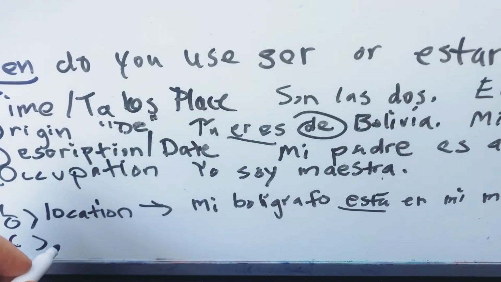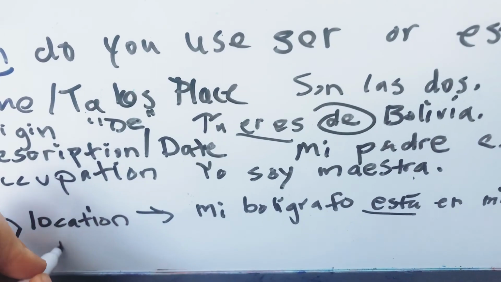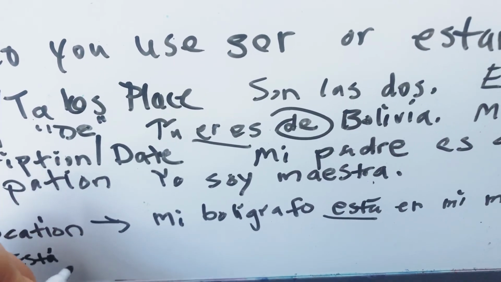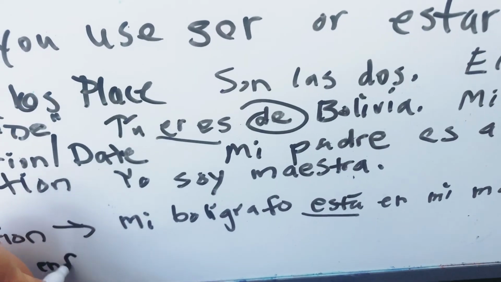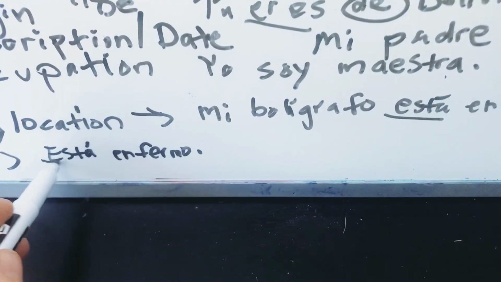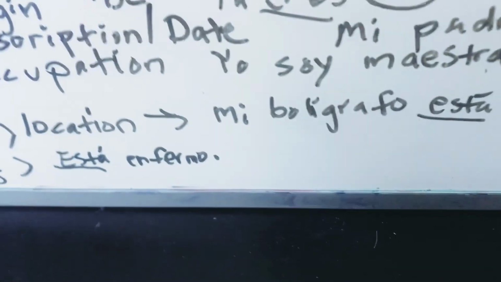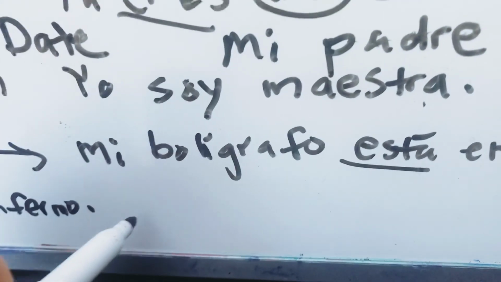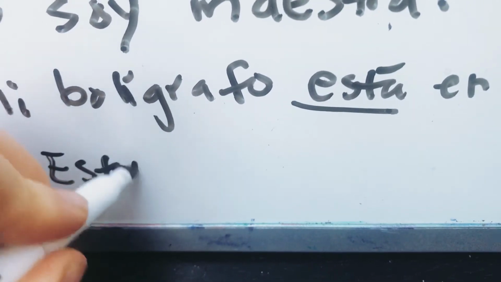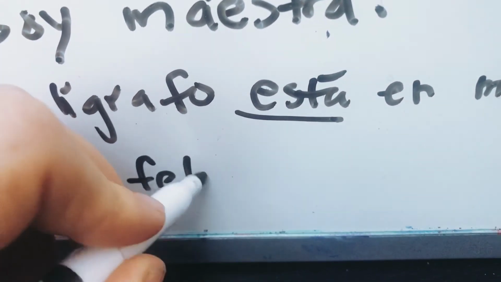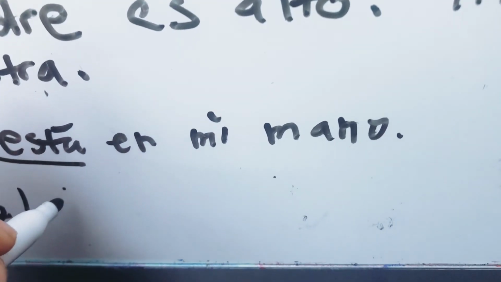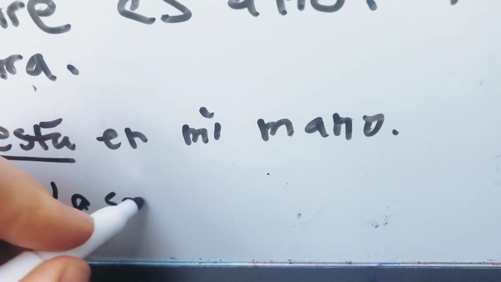Subcategories of condition include things like health. Está enfermo. If someone's sick, está enfermo. Any emotions. Estoy feliz. Current state of soup, for example, would be if something's hot or cold. La sopa está caliente.